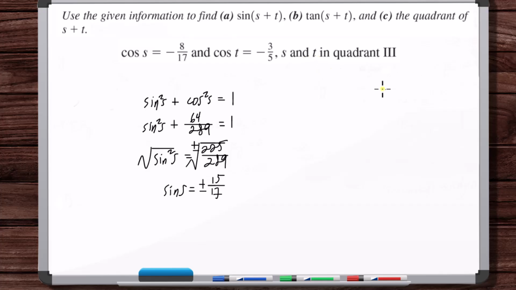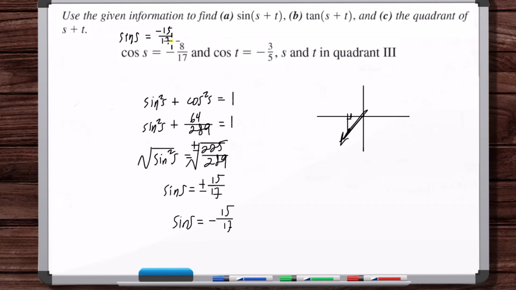Okay, now S and T are in quadrant 3, and so we know that sine in quadrant 3 is negative. So sine S is minus 15 over 17. Sine squared t plus cosine squared t.